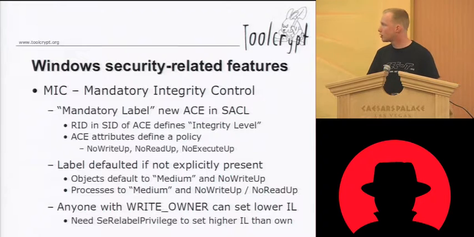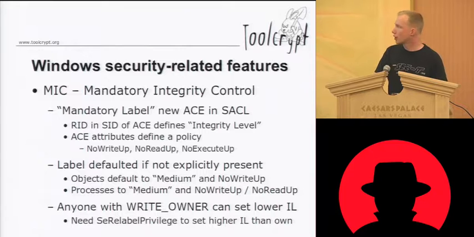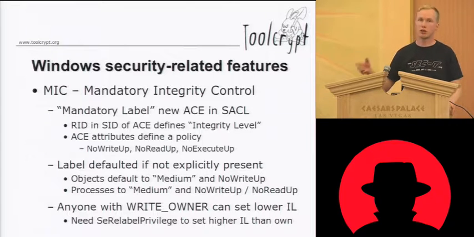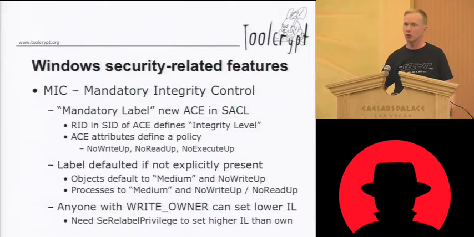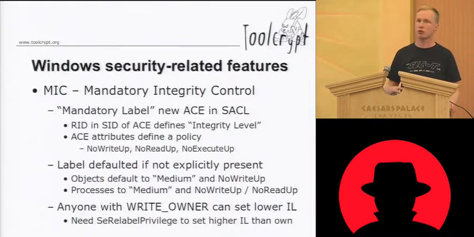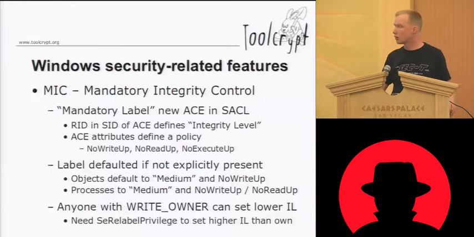And anybody can set a lower integrity level on a system resource. Anybody that can actually set permissions on a resource can set a lower integrity level than that process or thread themselves is running as. To actually raise the integrity level of a resource or a process, you'd need a specific SeRelabelPrivilege to do that.